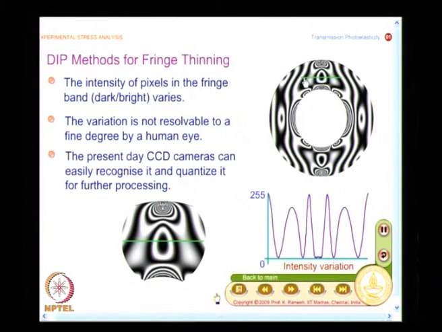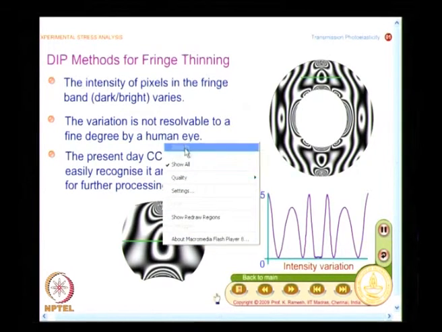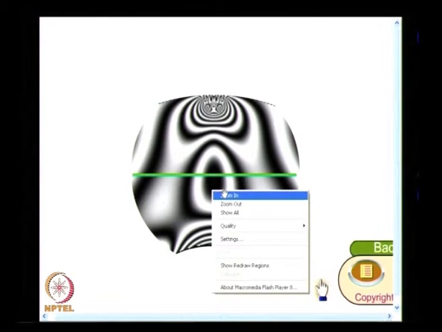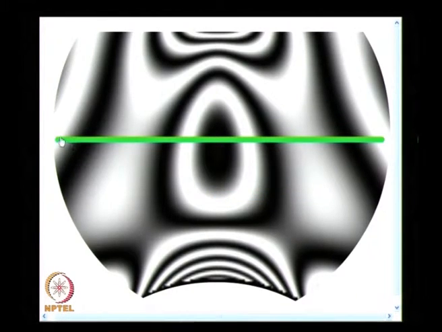What is shown here is, I have taken a line passing through these set of fringes, and this portion is enlarged and recorded in a digital camera. What you find is, there is a variation of intensity along this line, which the human eye is not able to clearly distinguish.